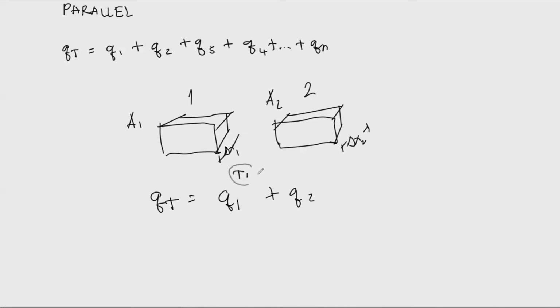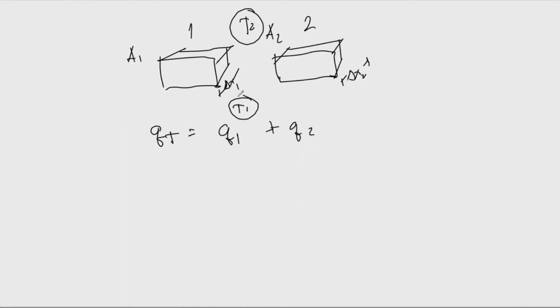So I have T1 here, and then at the other side would be T2. With that, since these are just slabs, our equation is equal to A sub 1 multiplied with our thermal conductivity, and then the change in temperature divided by our delta x1.